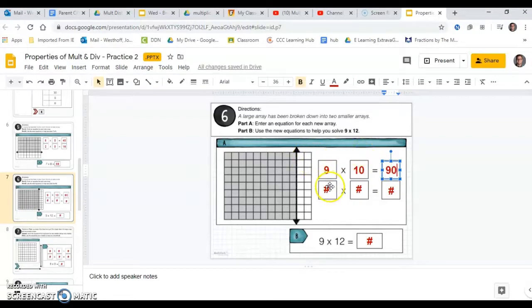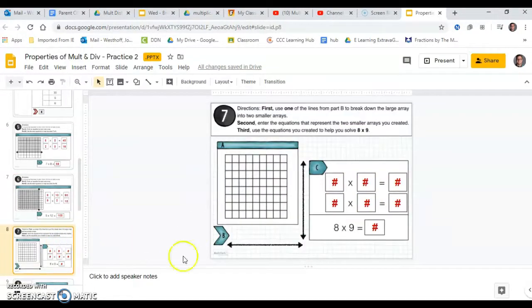And there's 2 left over, so 9 times 2, and you know that's 18. Well, 90 plus 18, that would be 108. Notice they kept their 9 together, and they broke apart their 12s into those really easy numbers of 10 and 2.